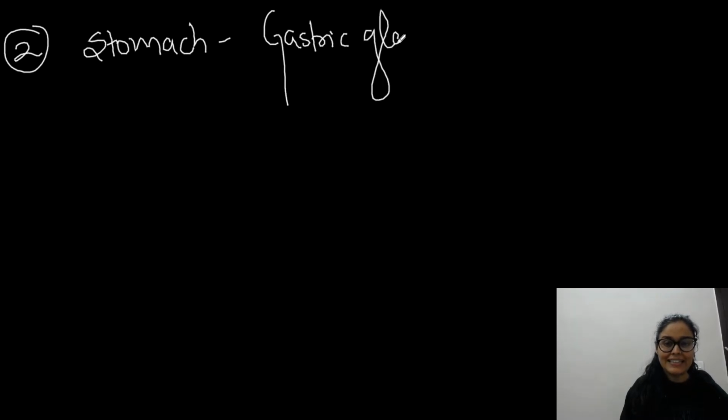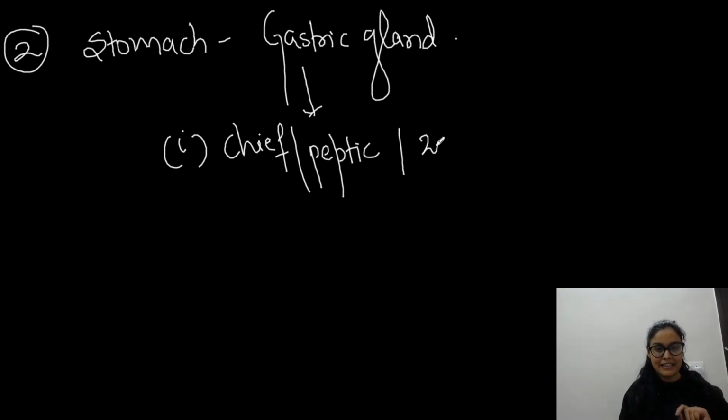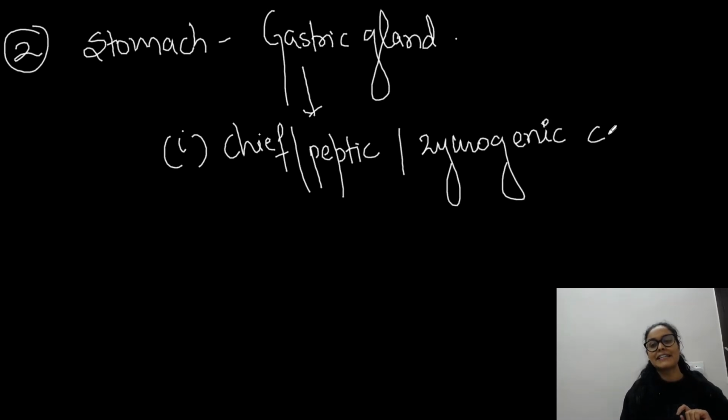The second part is the stomach. The stomach has gastric glands, which secrete gastric juices, and gastric glands have a special cell known as the chief cell, also known as the peptic cell or zymogenic cell. The zymogenic cell basically secretes proteases, protein digesting enzymes, right?